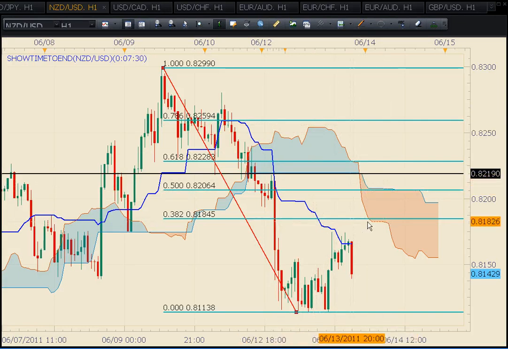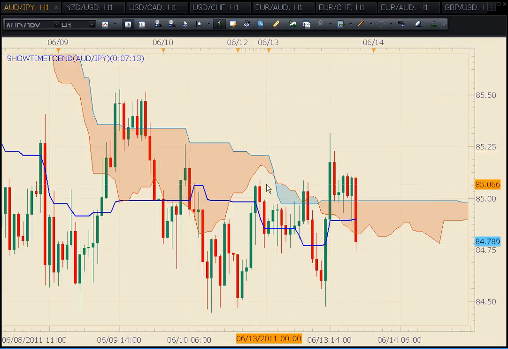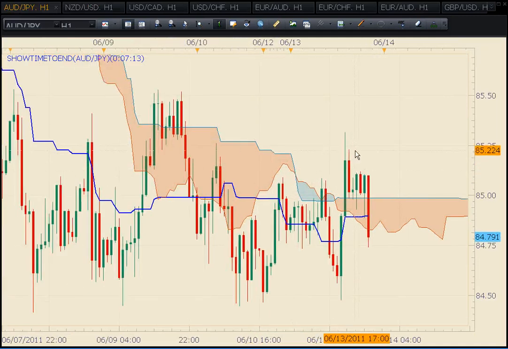Your 38.2 retracement level is pretty close to this flat bottom right here. So these flat bottoms are areas that you want to look at when the market's coming up or coming down, because they line up with fib levels of a move. And nothing really here. This is pretty rangy also.